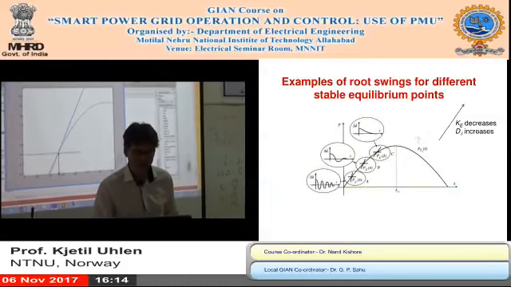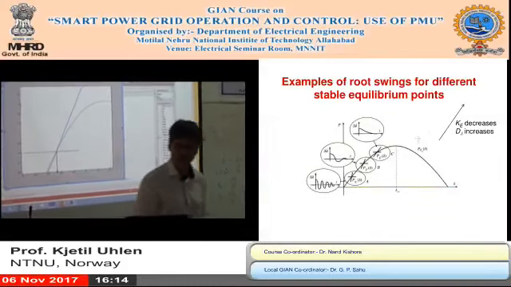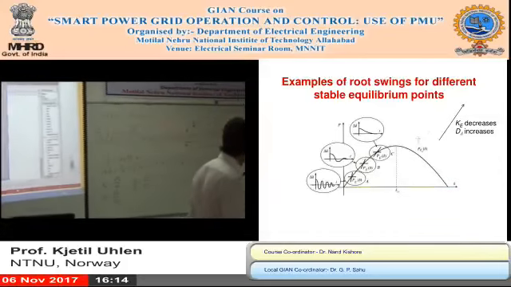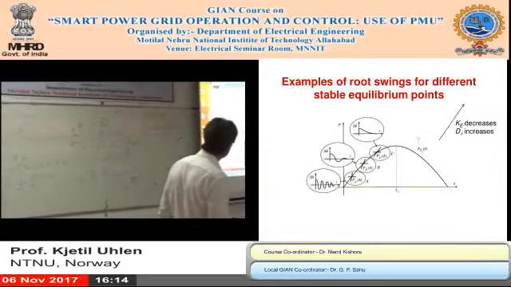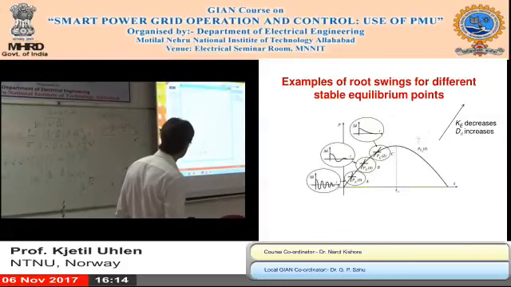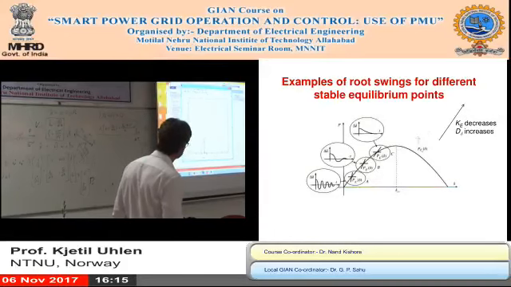Because here you see the actual operating point better. The synchronization constant is the slope of that curve. So after a disturbance it will oscillate around this, but it will somehow end up in this point, right?